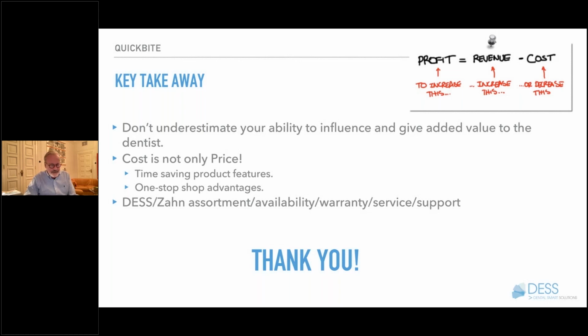So if you have a case with multi-units and you use DESS on top, ask them if they have heard about this, send them the brochure, and see if you can recommend that they use the DESS product the next time if they are using an OEM. The same goes for some of the other products like the DESS lock. The Ti base is different because that's a product that you probably choose on your own, but the multi-unit and the DESS lock for sure.